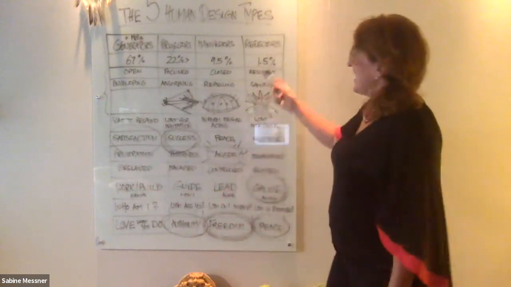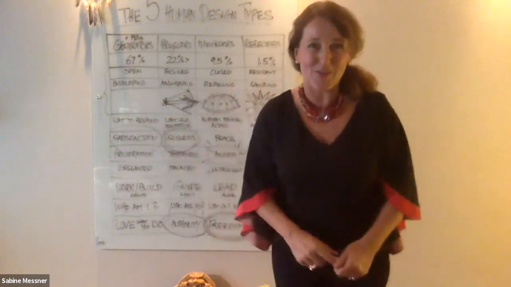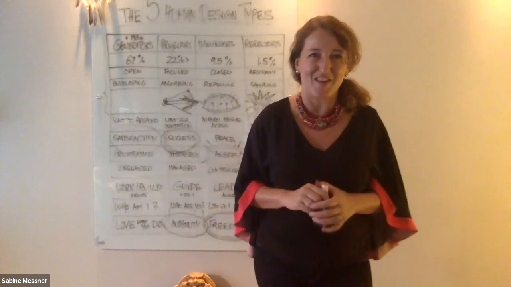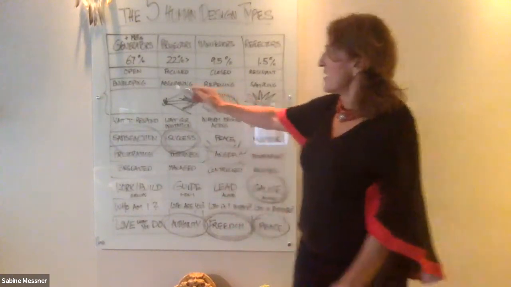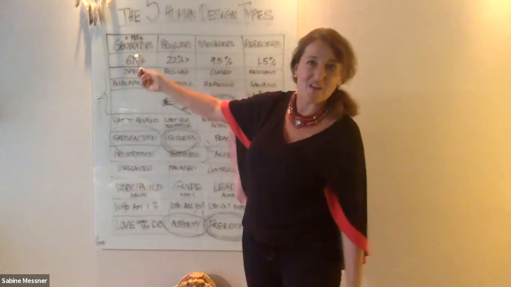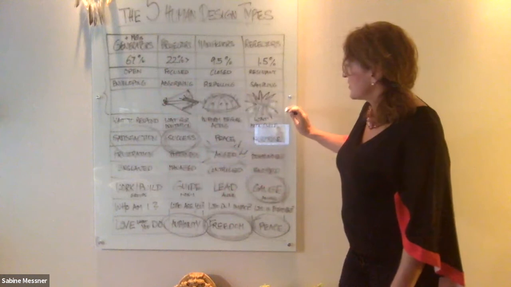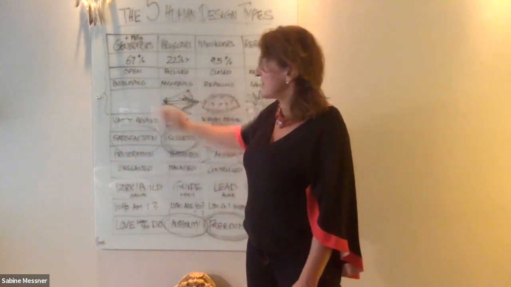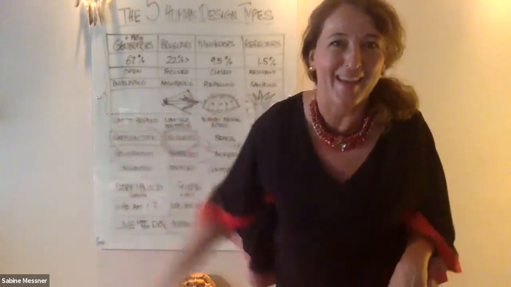And in closing, we're now looking finally at the two-thirds of the world population, generators and manifesting generators. Isn't this interesting? And because we are in the majority, I'm a manifesting generator, right? We're in the majority, I really wanted us to hear first about the other people, because there's a good chance that we assume that everybody is like we are.